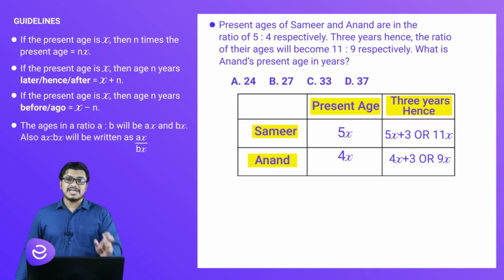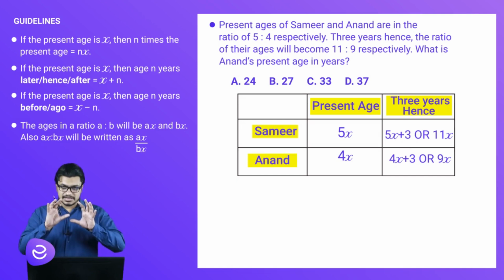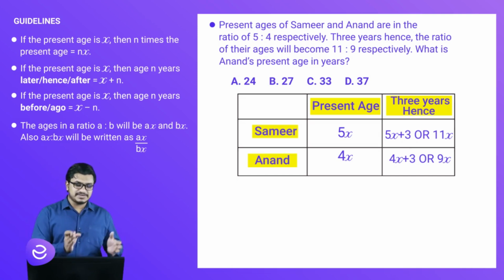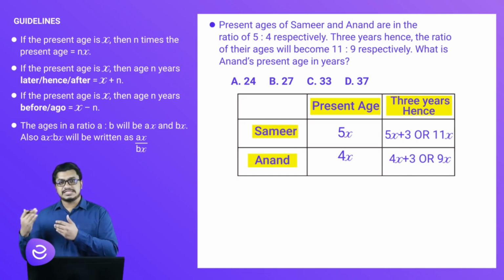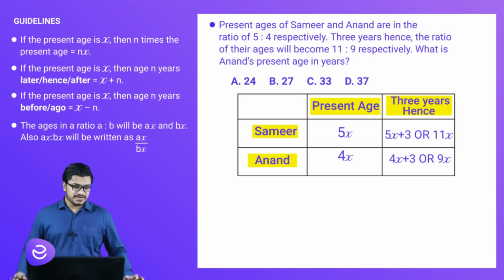So, we know that 5x plus 3 and 11x are the same: 5x plus 3 is equal to 11x. And for Anand we have 4x plus 3, because it is after 3 years, and it is also given in the question that after 3 years his age will be 9x. So, 4x plus 3 and 9x are both the same. Now, we have a picture of the present ages of Samir and Anand and their ages after 3 years.